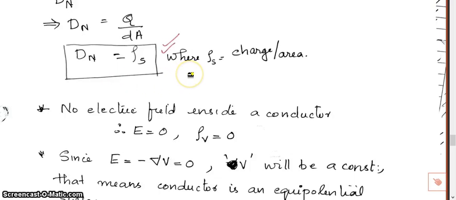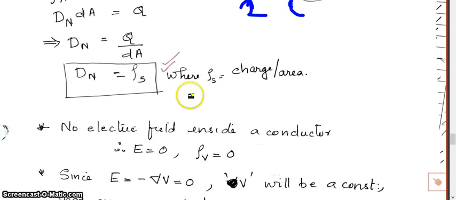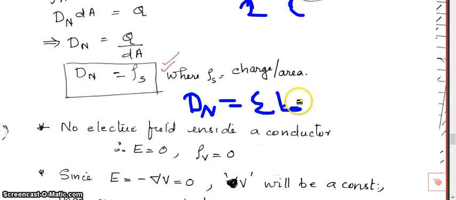And we know the relation between Dn and En. We know Dn is equal to epsilon En, which will be equal to rho s.